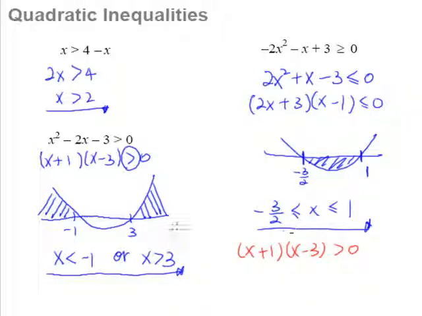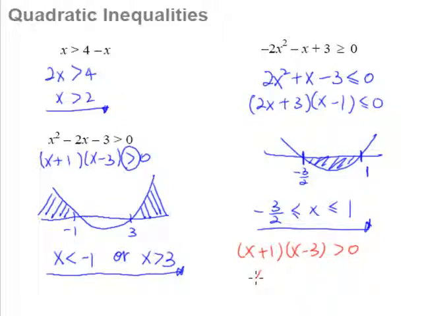Now that you have learned it well, you should know that after this factorization step you should be drawing the curve, and then identify whether you're looking for the positive part or the negative part of the curve. But what many people tend to do is this. They would think, well, I have factorized it and this is x plus 1, x minus 3 greater than 0.